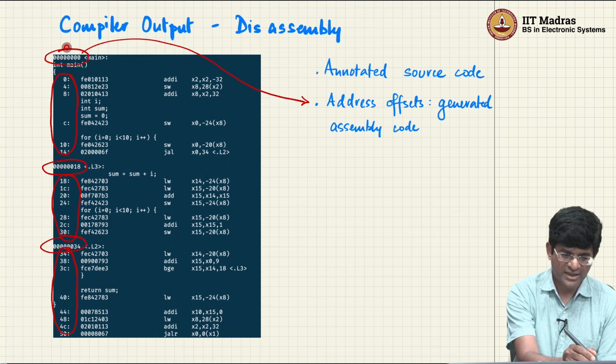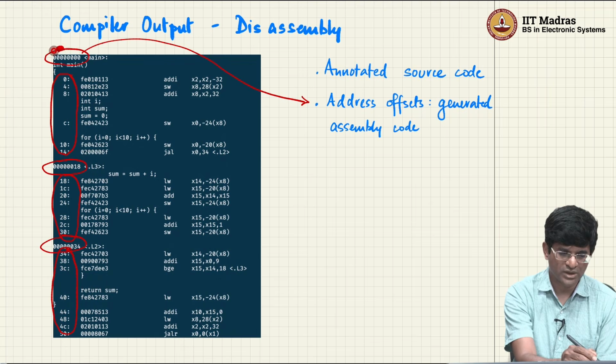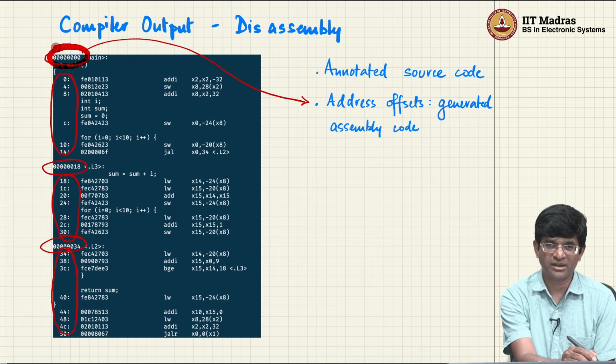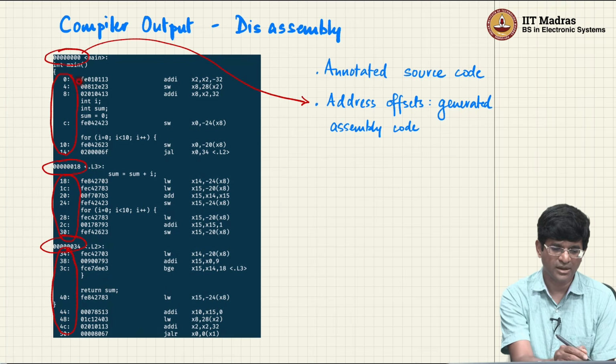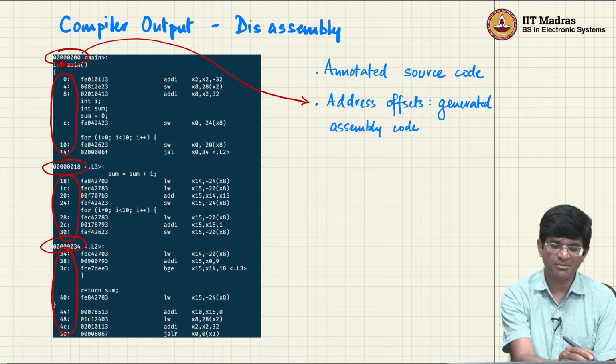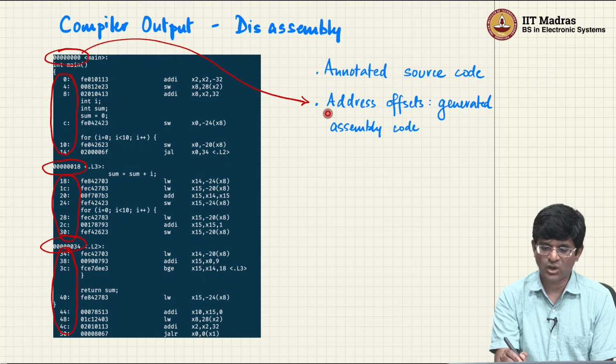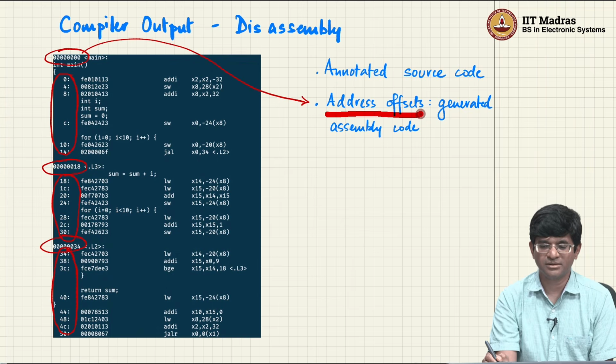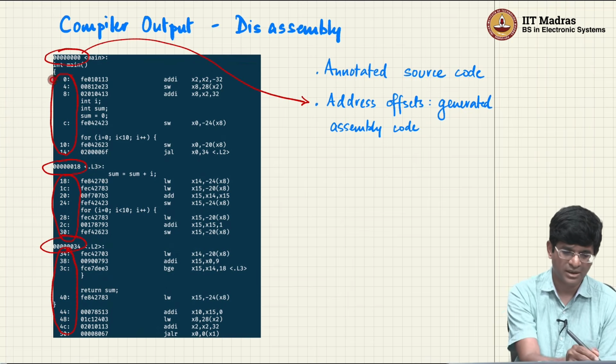These values that I have circled out here, so this 00, 8 zeros, which is basically a 32-bit value with the value 0, and these other numbers below it, 0, 4, 8, C and so on, are effectively the memory locations, the address offsets of the generated assembly code. What do I mean by address offset?